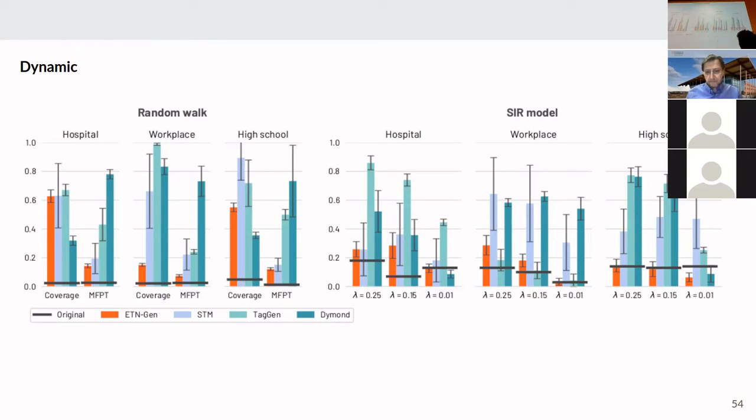There are even cases, like the high school, in which our result is smaller than the standard deviation, than the stability of the original one. So evaluating the similarity in terms of dynamics is not an easy task.